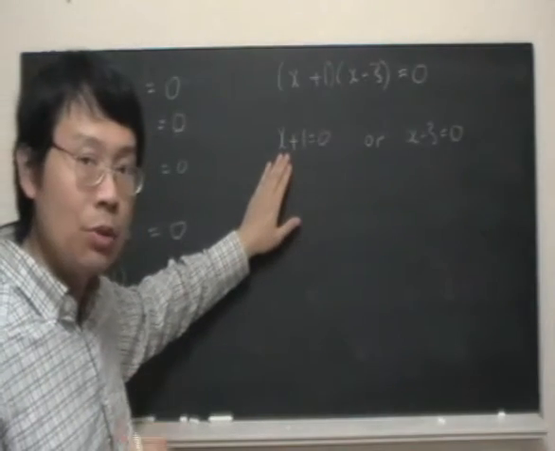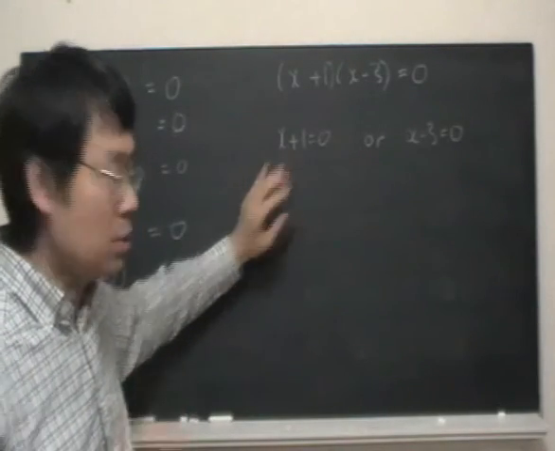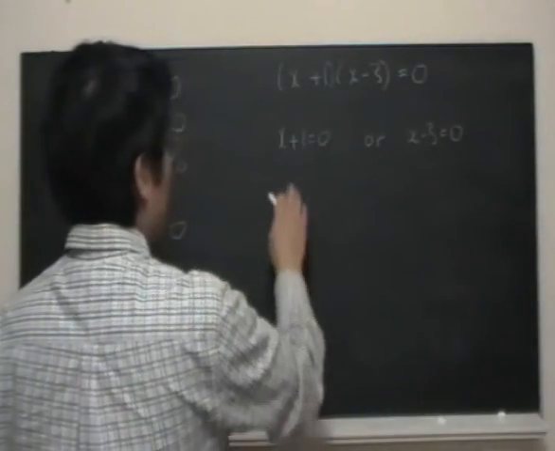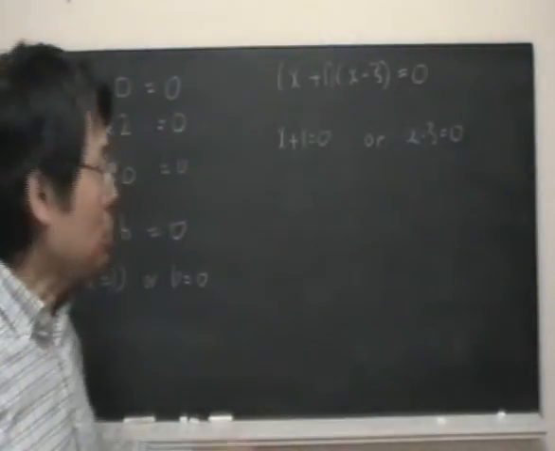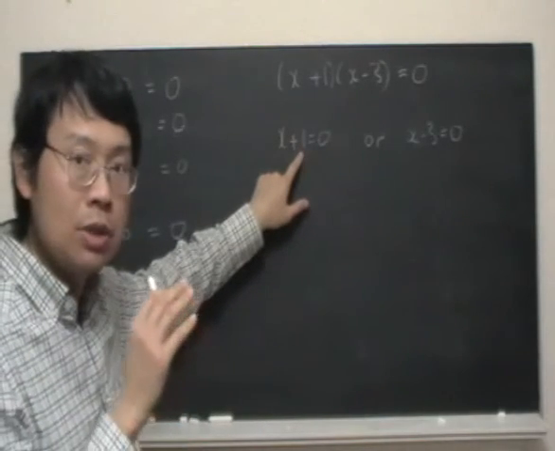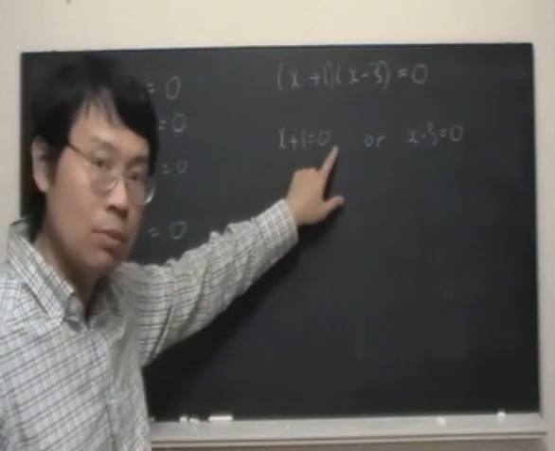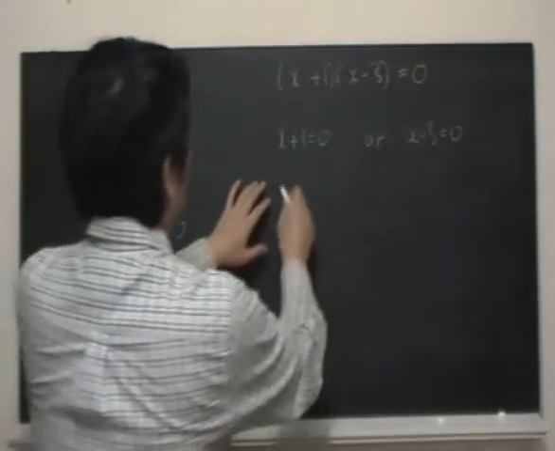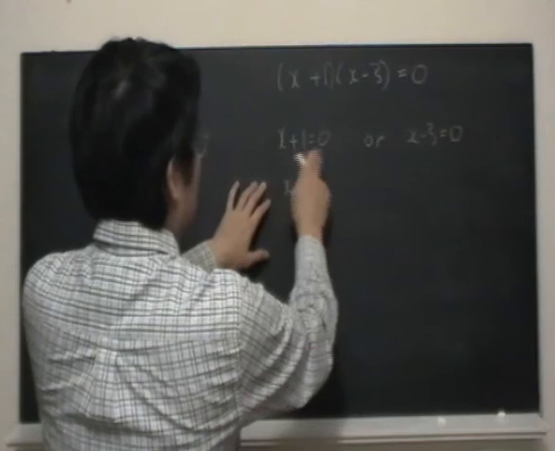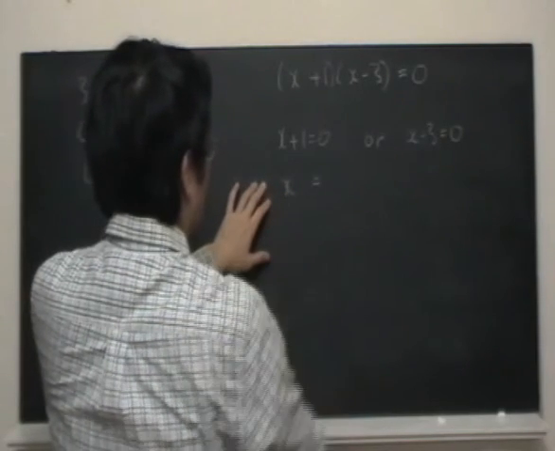We can calculate x from this equation. Let's do that. If x plus 1 is 0, to find x, I want to get rid of the 1, so I subtract 1 from both sides. On the left side, 1 subtract 1 is nothing.